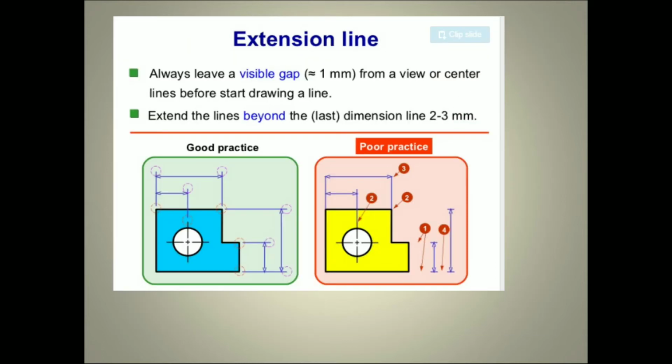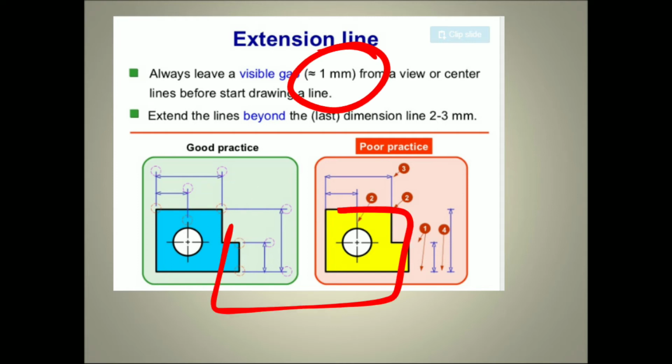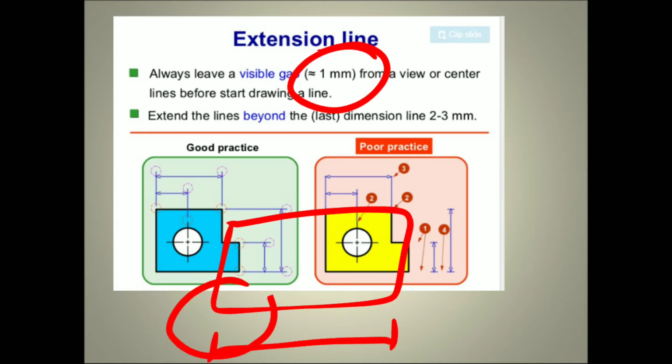After that, the extension line. What are the rules for the extension line? The extension line always leaves a visible gap of 1 mm. That means this is the gap. For example, this is a drawing, so the extension line should be like this. The gap between the extension line and the actual drawing is 1 mm.